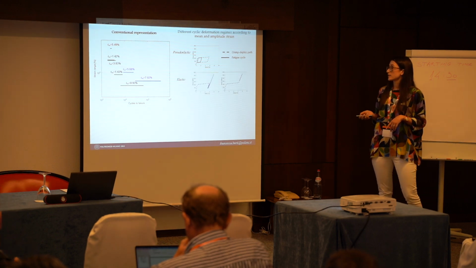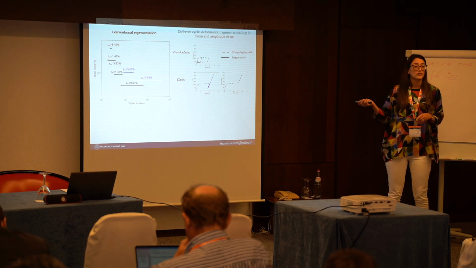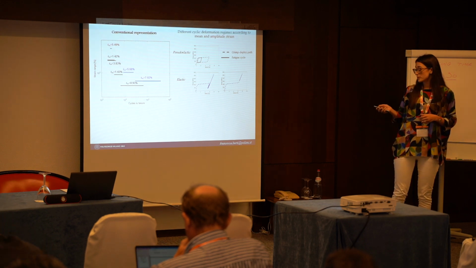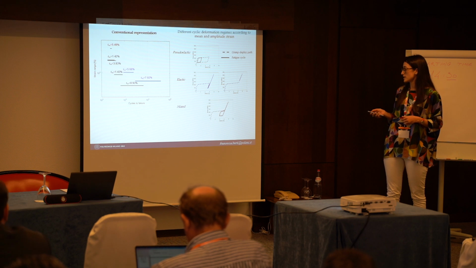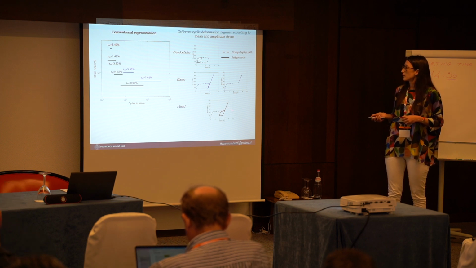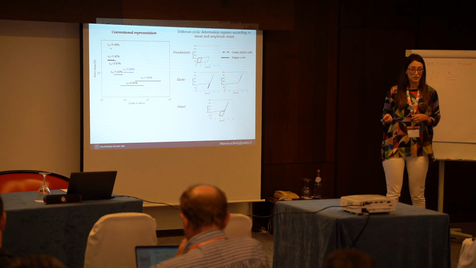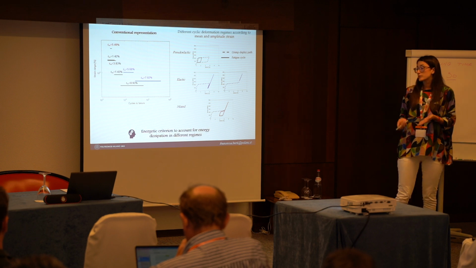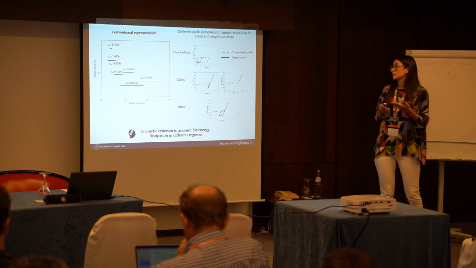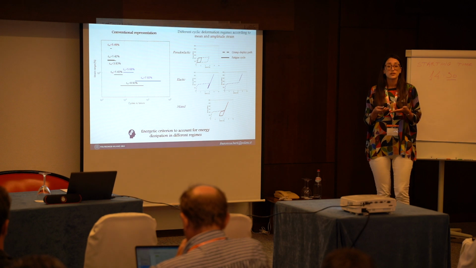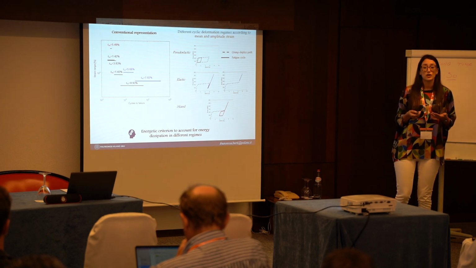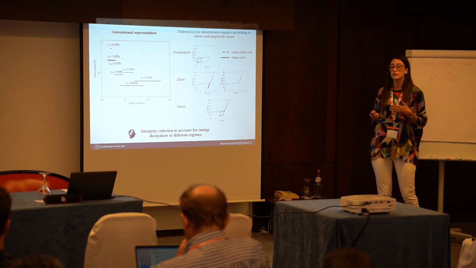There were others in blue which were experiencing an almost elastic response, and another case, the one in red, which had a mixed behavior. For this reason, we decided that probably using an energetic criterion could be a good choice in order to take into account these different dissipation regimes.